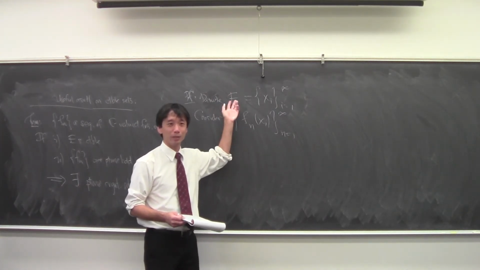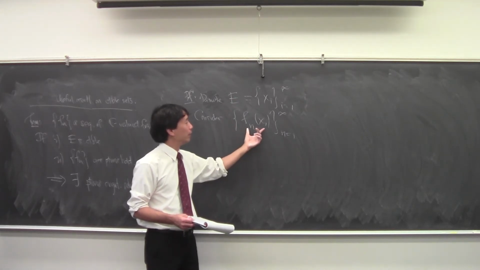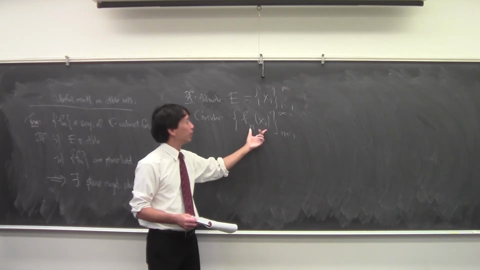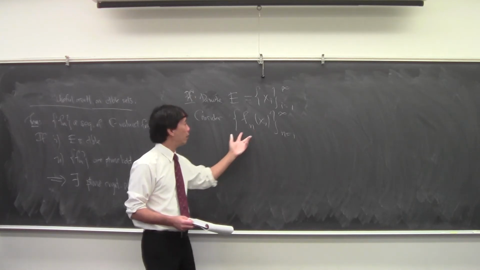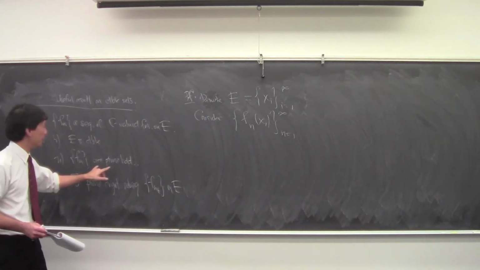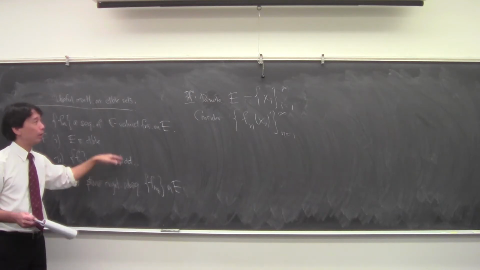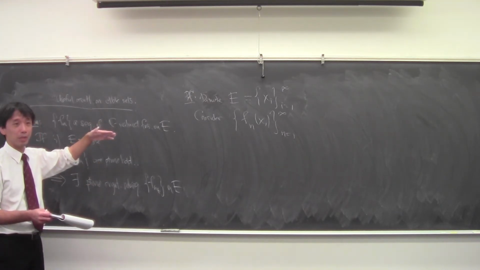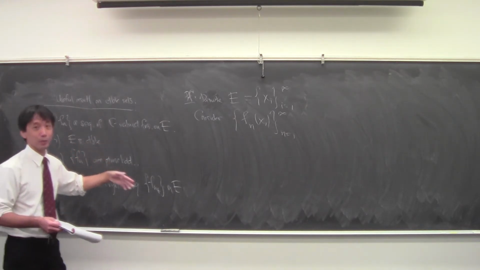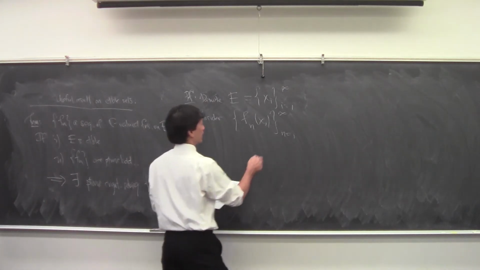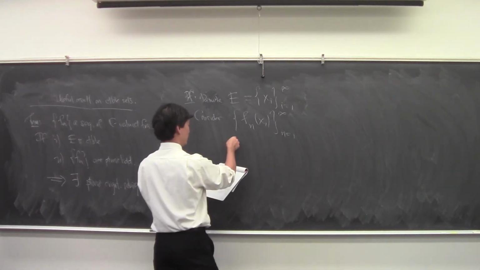If our set consisted of one point, then what do we know? If we look at all these values, they're bounded. We've got a bounded sequence, and so what do we know?